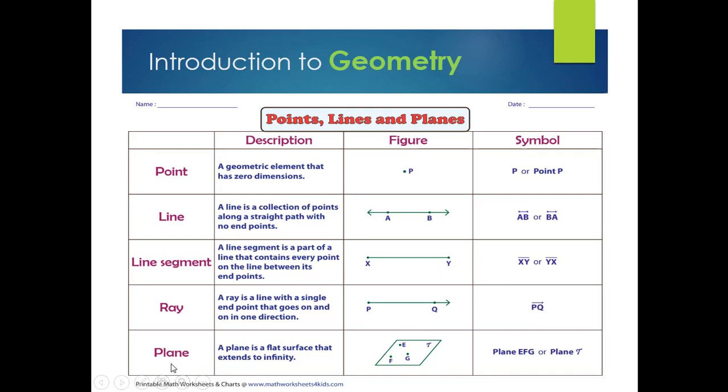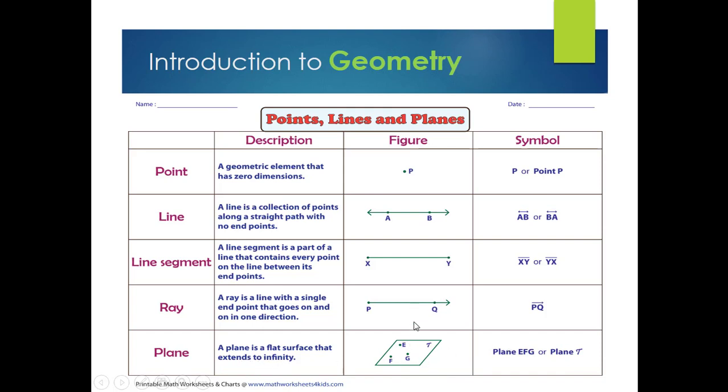So on the last one here, we have the plane. Actually, it is a flat surface. A flat surface is like the screen of the laptop, or it is like the wall of the room. So we have many flat surfaces in our life. The plane is like them. It's a flat surface that extends to infinity.